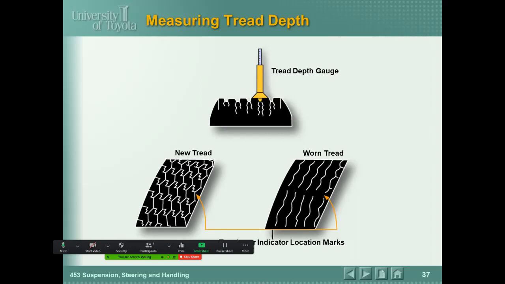The amount of tread remaining on tires should be inspected whenever a vehicle is brought in for service, and we want to make sure that the tire is wearing properly. If it's not, then we need to address that. And sometimes when you find a tire that is wearing incorrectly, you're going to have to determine why that tire is not wearing correctly.